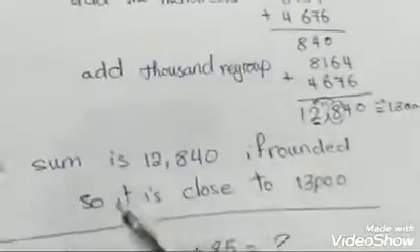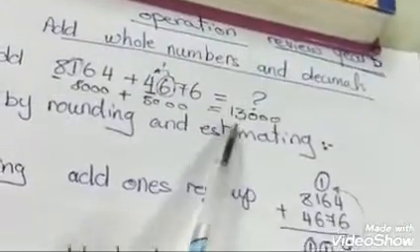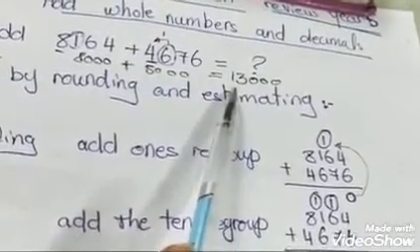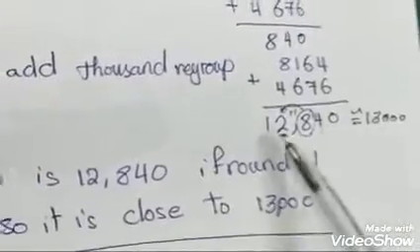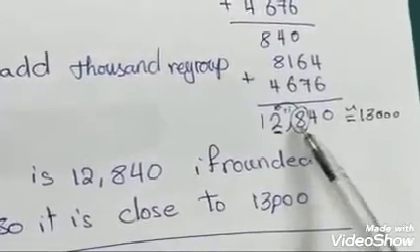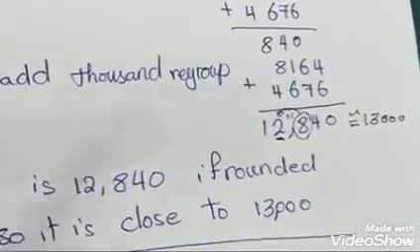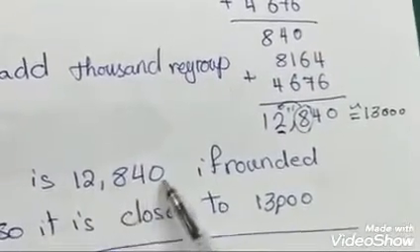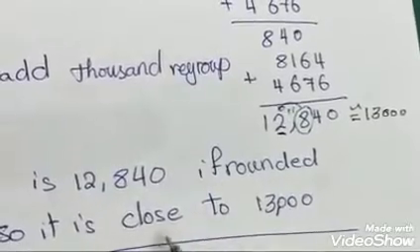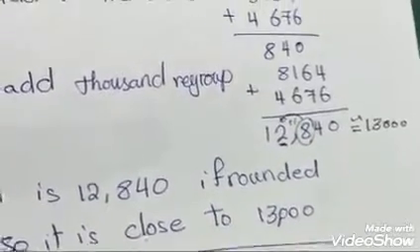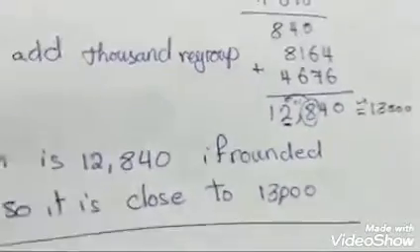So the estimate I made from before is already close to the exact final result I have for the addition. 12,840, if rounded, is close to 13,000. This is for whole numbers.